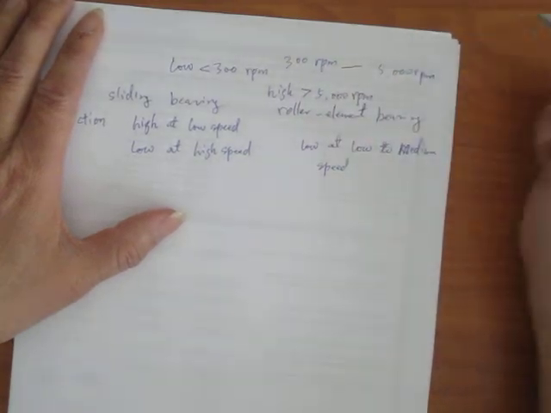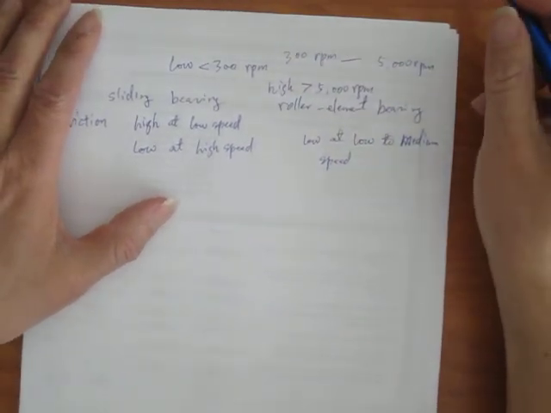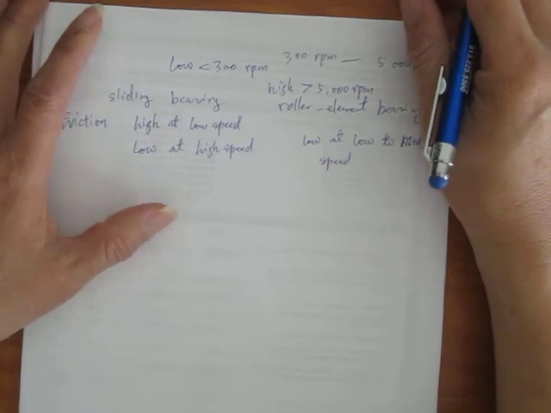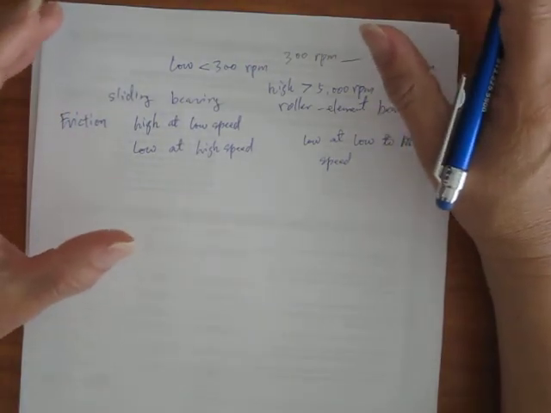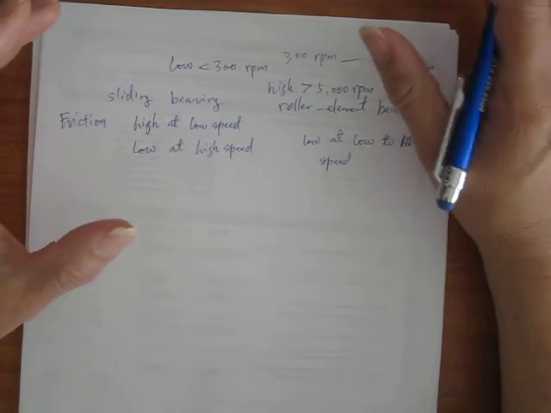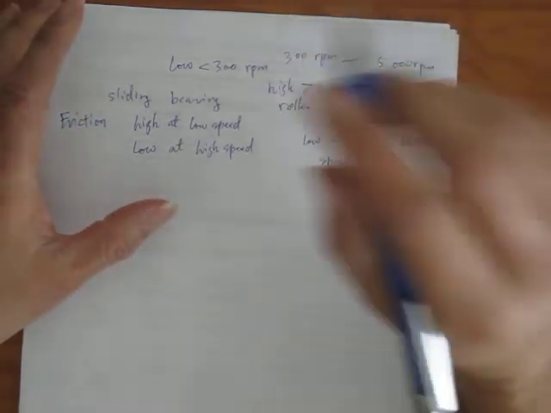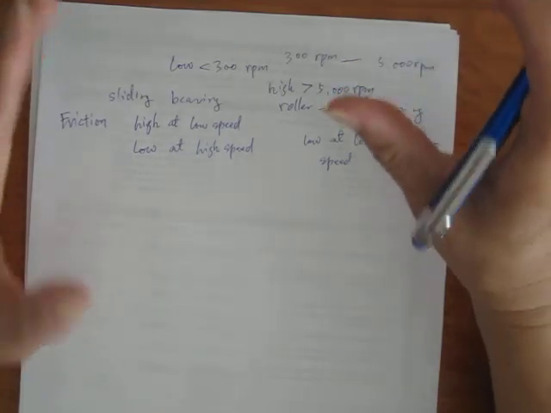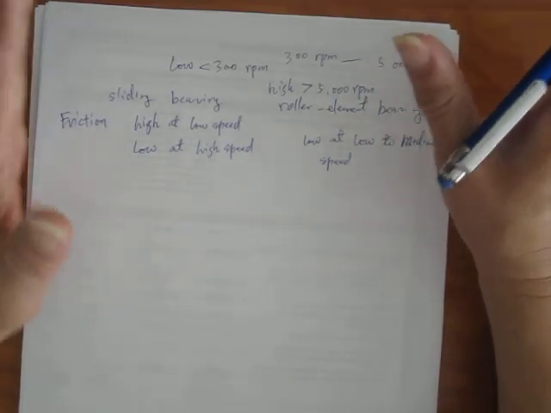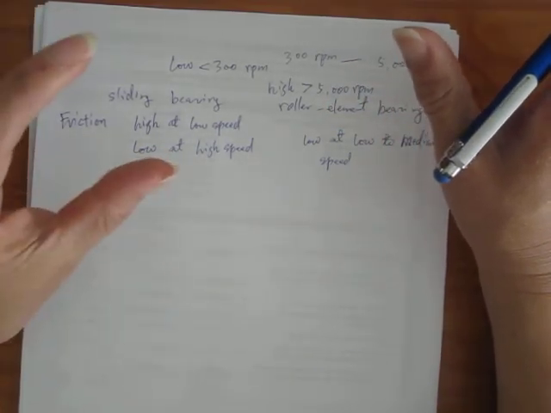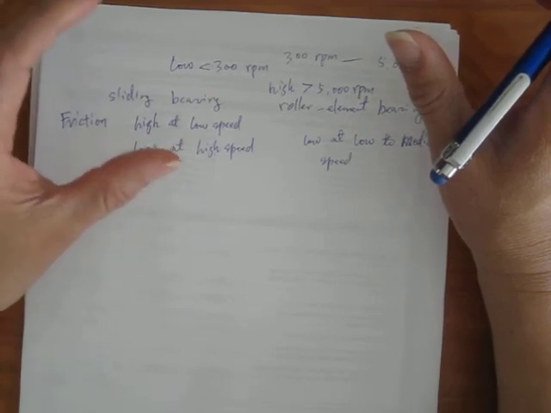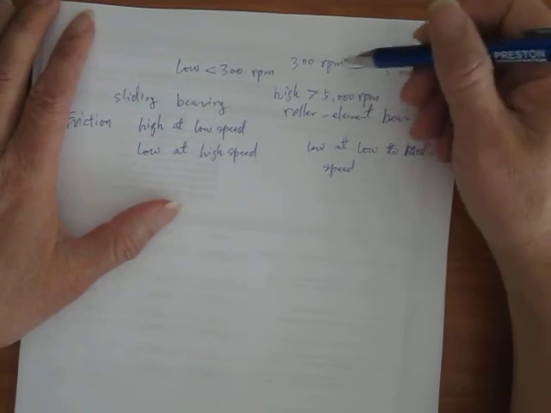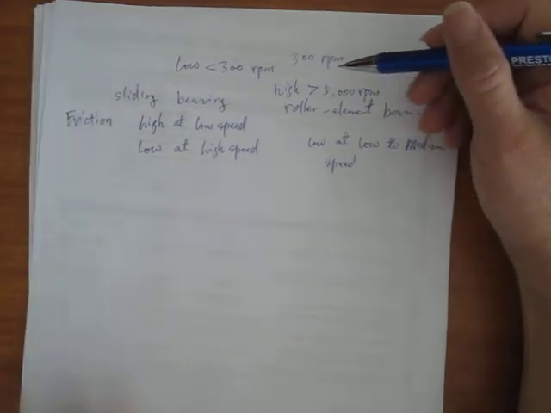That's the reason that if you have a tachometer that gives you the RPM of your vehicle, normally in that range, about 5,000, you'll see a red mark over there. It's in the red range, right? Because it's high speed.